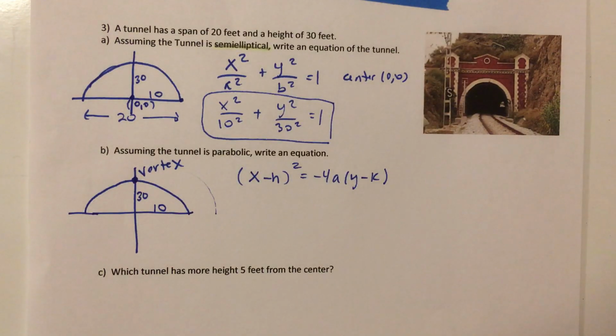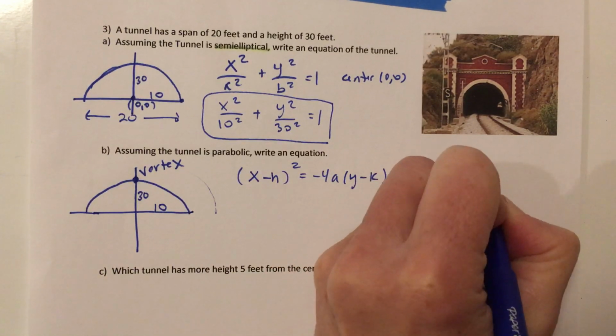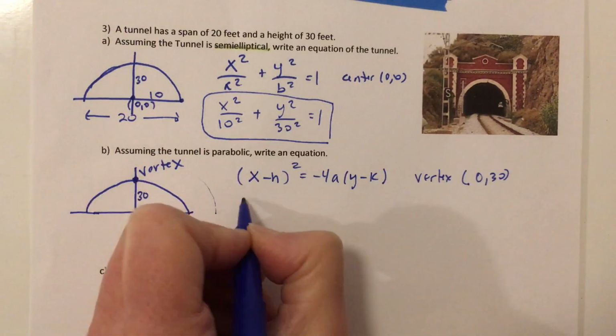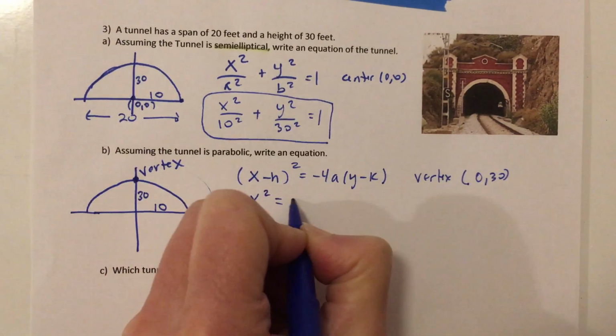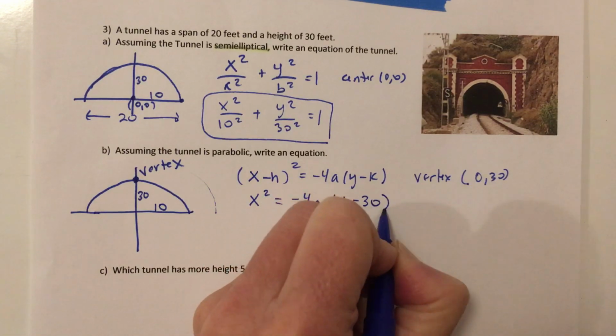We know that the vertex is 0, 30, which is right here, because this is 30. So we can go ahead and plug that in. So x squared equals negative 4a times y minus 30.